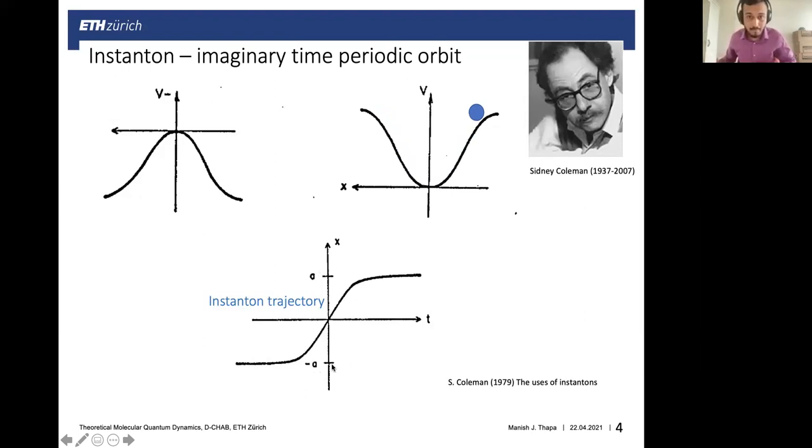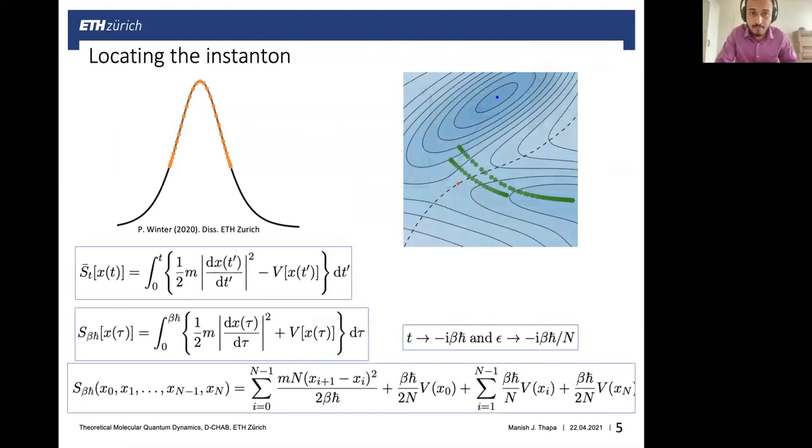So you have minus a here, and you have plus a, and in time, right? It is initially here, and it moves faster, and then slower, and then it comes here, right? So basically, an instanton is a classical trajectory of a quantum particle in imaginary time, right?